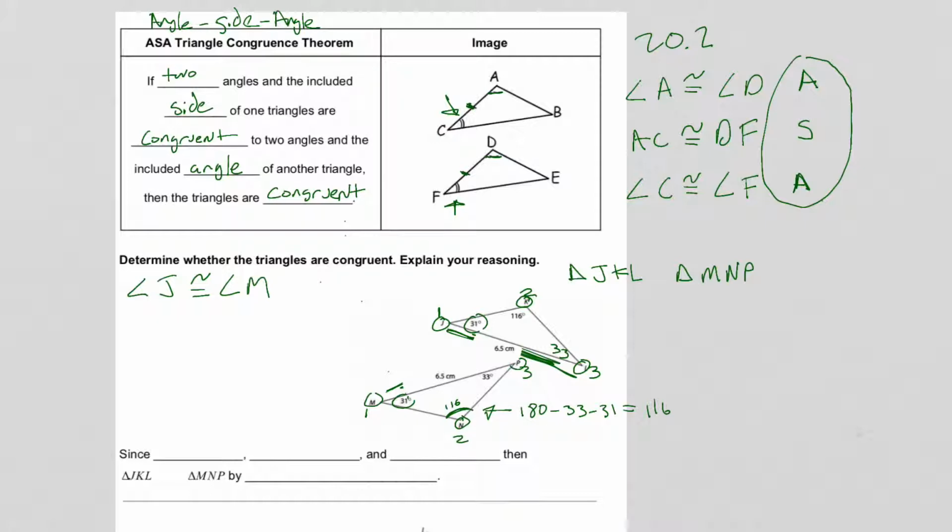We have JI is congruent to MP. And last, the angle. We have angle I, which we've determined to be 33 degrees. Is it the same as angle P? It is. So here we have our angle-side-angle condition has been met.